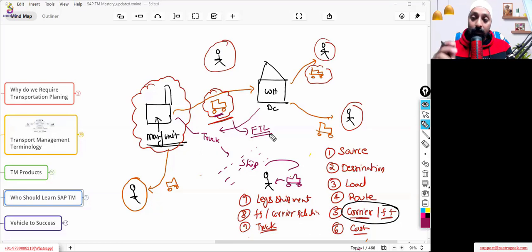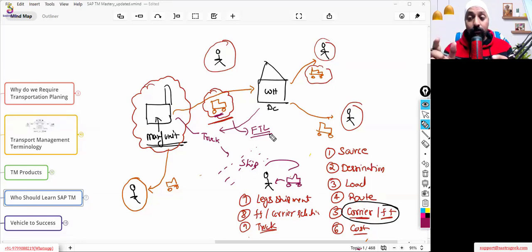You will not believe, in most of the industry, specifically in the consumer good industry, the transportation and distribution cost is more than the raw material cost. Okay, I will repeat again, transportation and distribution cost is more than the raw material cost in most of the industries.